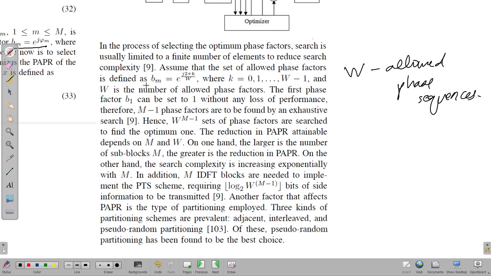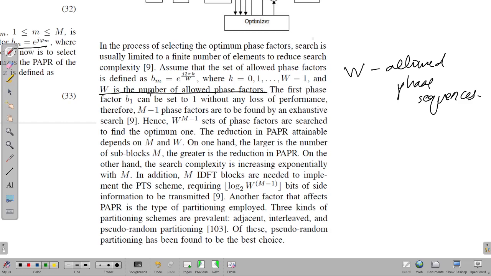And so you have bm which can take any value e raised to j 2 pi k divided by w, where k can vary from 0 to w minus 1. Correspondingly this can be e raised to j 2 pi 0 by w, or it could go up to e raised to j 2 pi into w minus 1 by w, which is basically a variation from 0 to 2 pi. So you have w number of allowed phase factors.